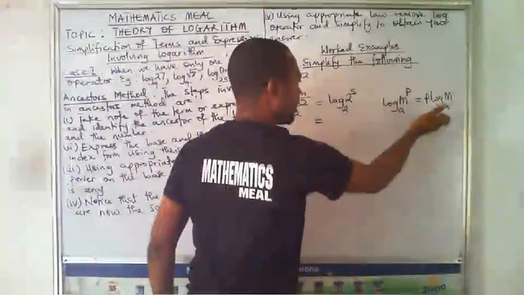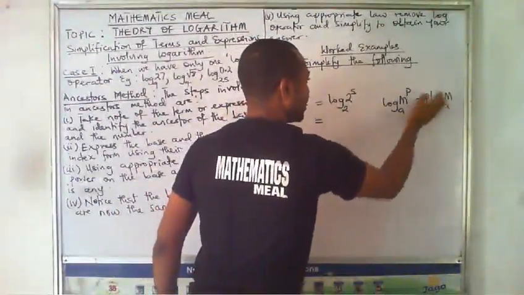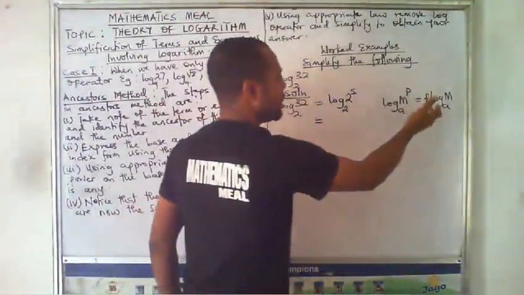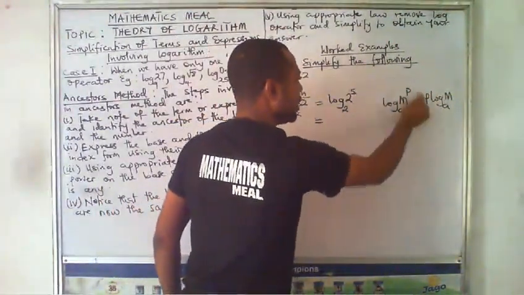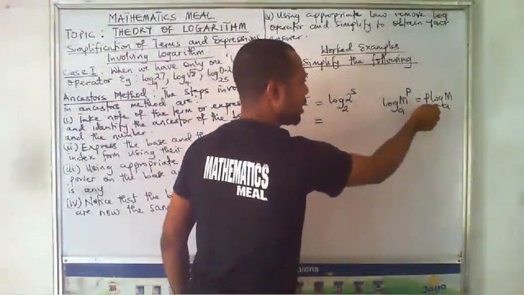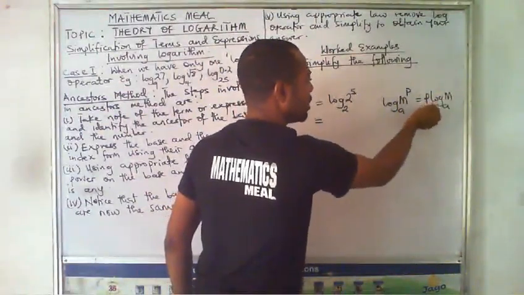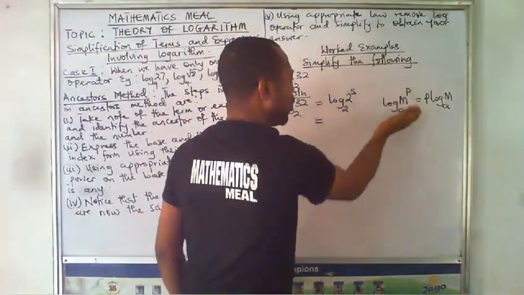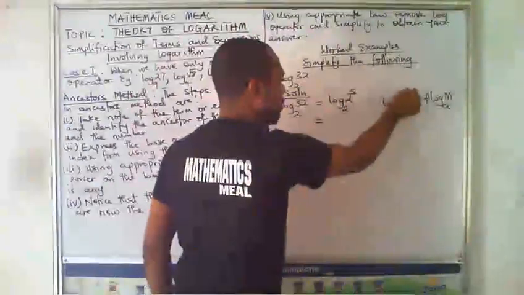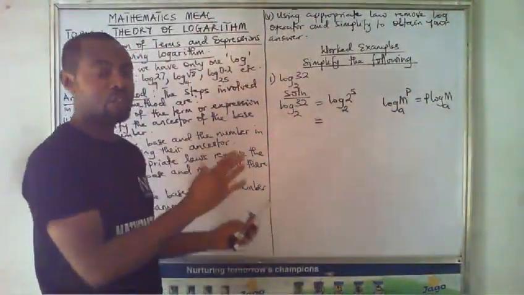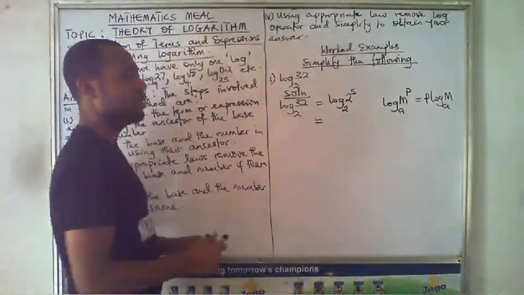So this and this are the same. I can write this in this form, and I can also write this in this form. When I have this power on a number, I can put it like this, and when I have this multiplying this, I can put it like this. In this case, there is a demand not to leave the power on the number. We need to write it like this because we are trying to simplify this particular expression.